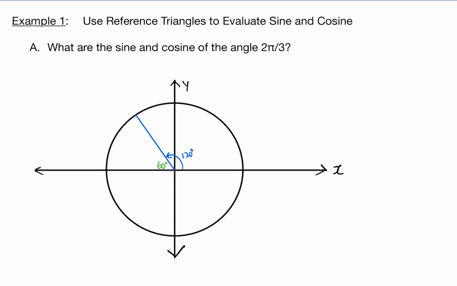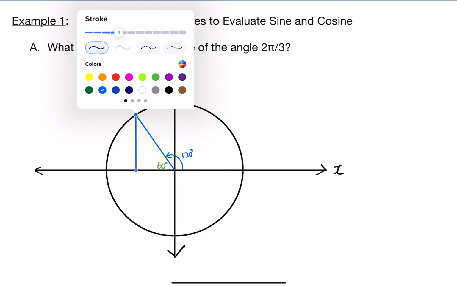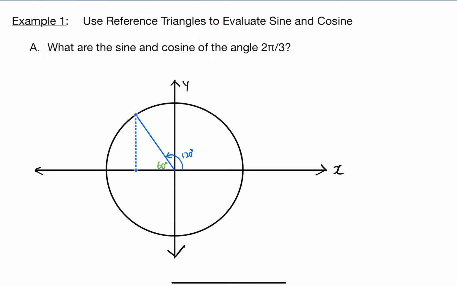Now we can go ahead and drop a right angle as such. We'll make this dotted. And when we do this, you see that we have a right triangle. Now, because this angle is 60 degrees, we know that this angle, therefore, is 30 degrees.